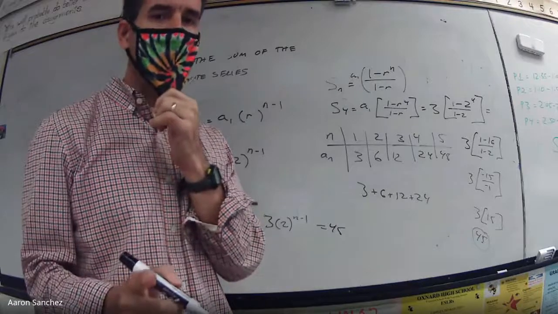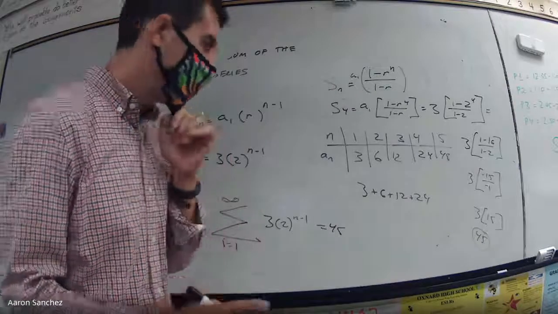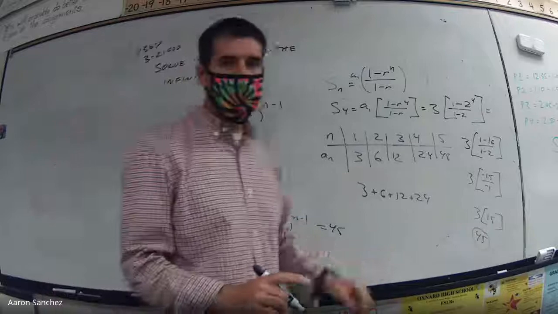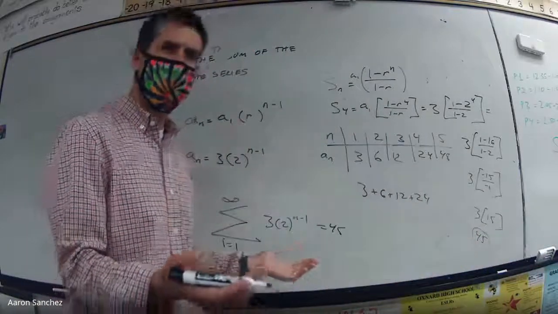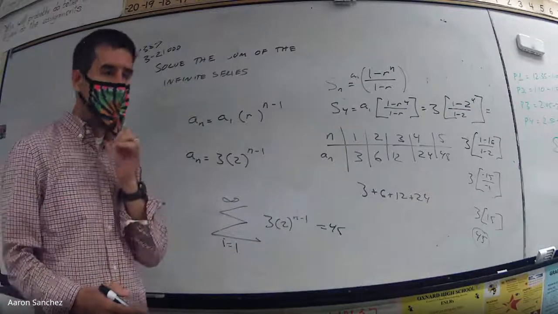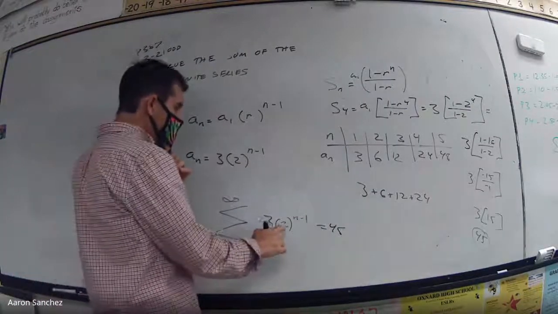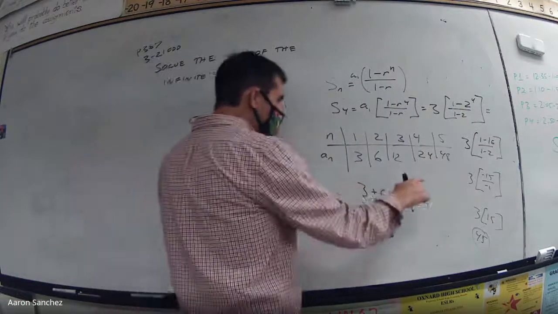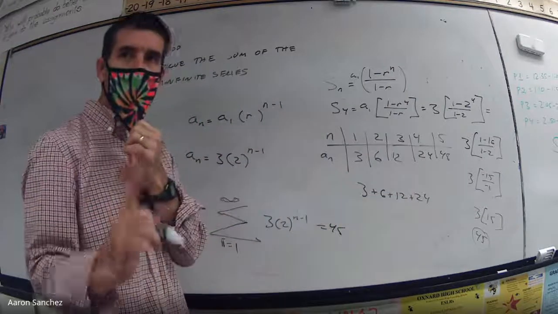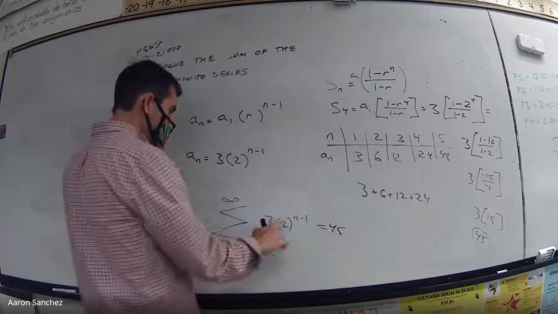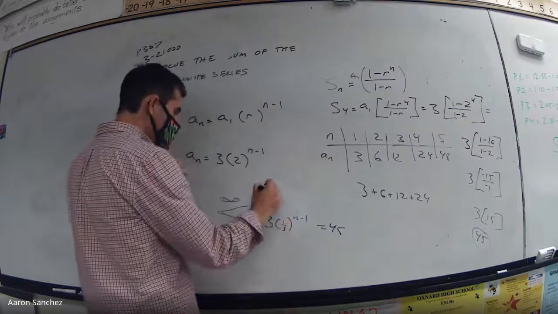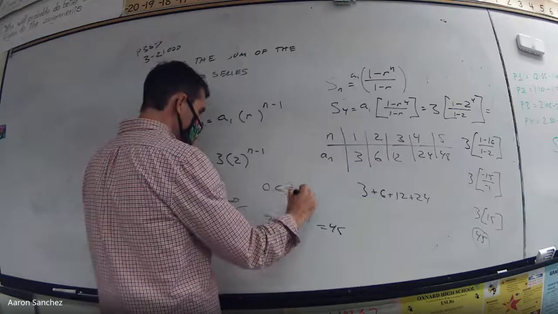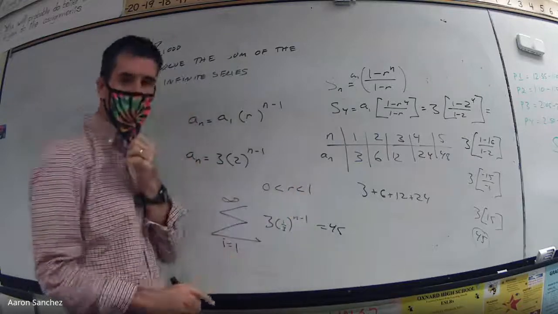Now, I know you're thinking, Sensei, I can't add up to infinity. It's going to take forever, right? But that is right. We can't add it to infinity if the terms keep increasing. However, I can add up to infinity if my common ratio is in between 0 and 1.